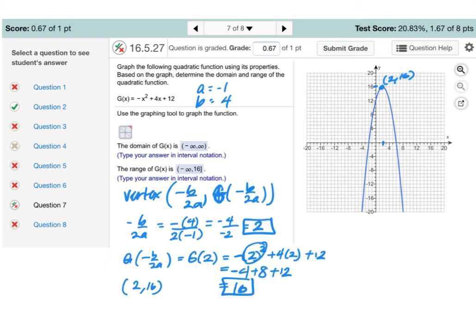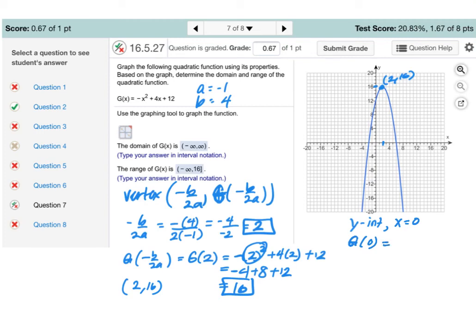Okay. And then to graph an additional point, we can determine the y-intercept or the x-intercept. In this case here, I'm going to find the y-intercept. And for the y-intercept, we know that x is equal to 0. So we'll evaluate our function g for 0 since we're replacing x with 0.